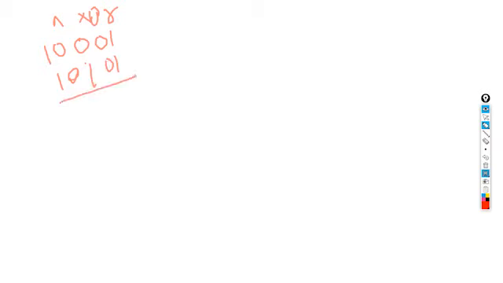If I take the XOR of these two, in all the places where we have similar bits we will get 0, and in all other cases we'll get 1, right? So here we have a bit difference, so we'll get 1. Here the bits are the same, so we'll get 0. This is what XOR does. You can see from this example that the bit difference was at only one position, and at that position only we got 1. So I guess we got our operator, right?